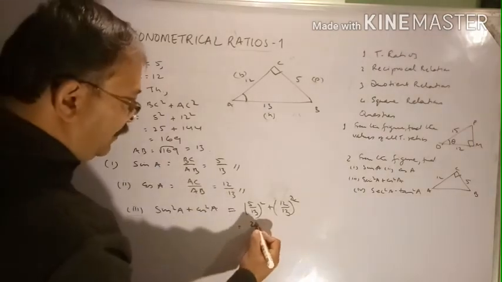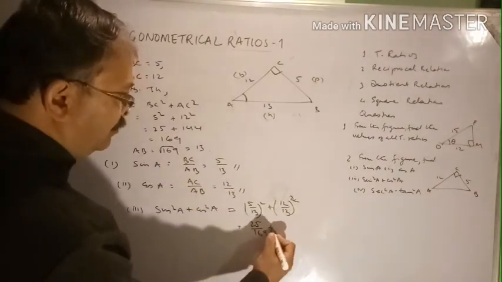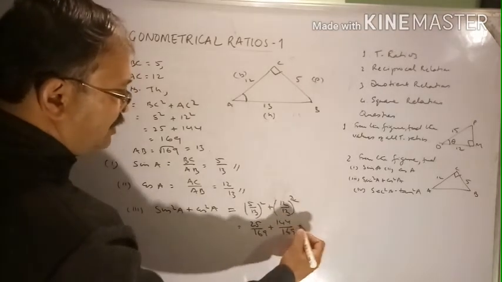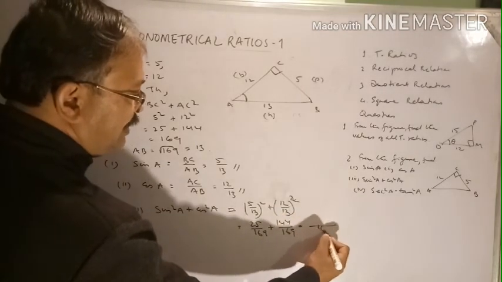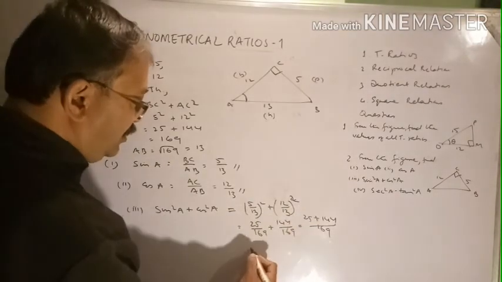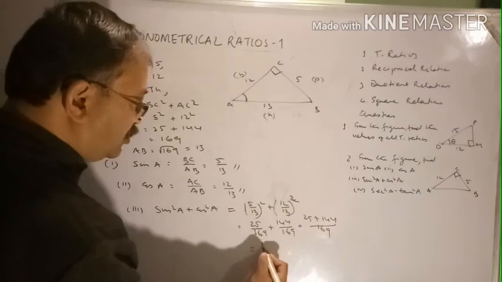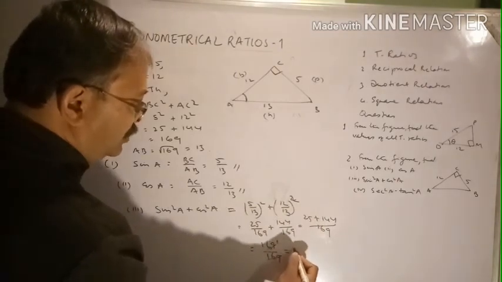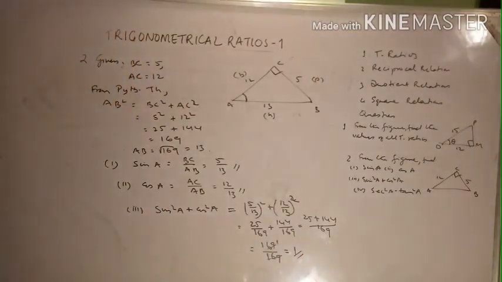So this is 25 by 169 plus 144 by 169. If you take the LCM, you get 169, and 25 plus 144 is also 169, divided by 169. So it is 1. So the answer is 1.